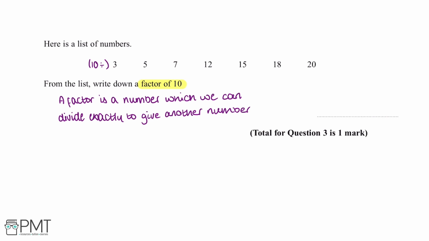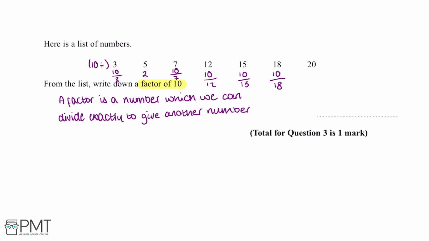So 10 divided by 3 will give us 10 over 3. 10 divided by 5 will give us 2. 10 divided by 7 will give us 10 over 7. 10 divided by 12 will give us 10 over 12. 10 divided by 15 will give us 10 over 15. 10 divided by 18 will give us 10 over 18.